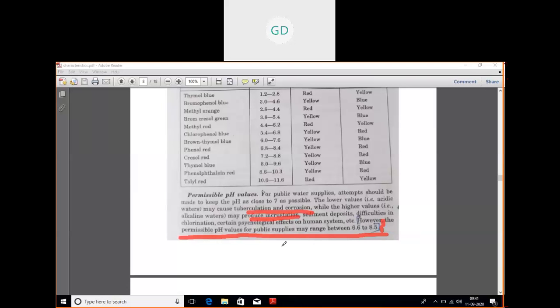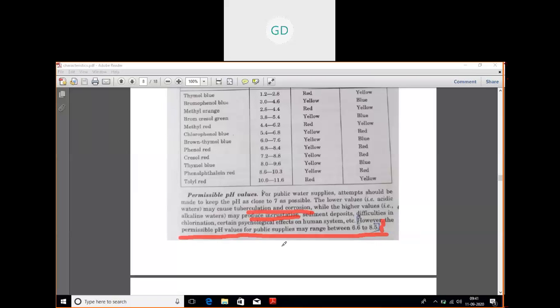That means in your pipe some white deposits will form, through which the water is coming, in that conduit. Some white deposits or layers of deposits will form, which will result in what will happen if those white deposits form.